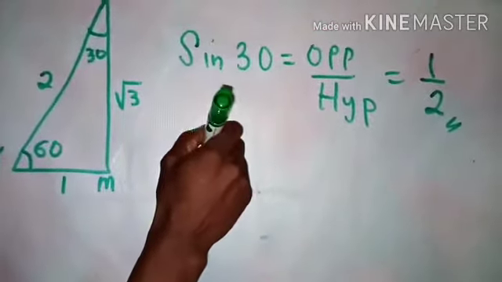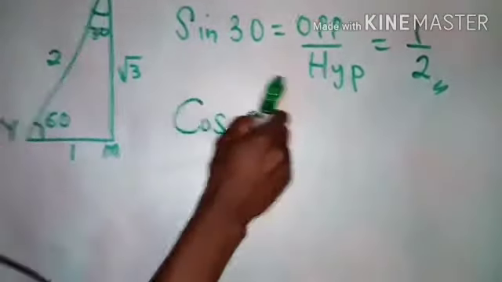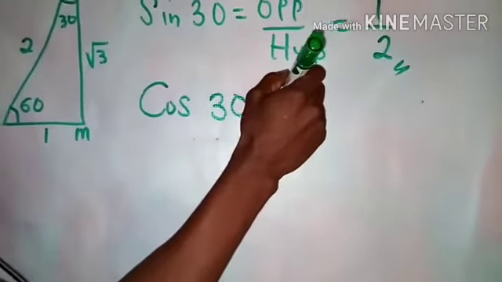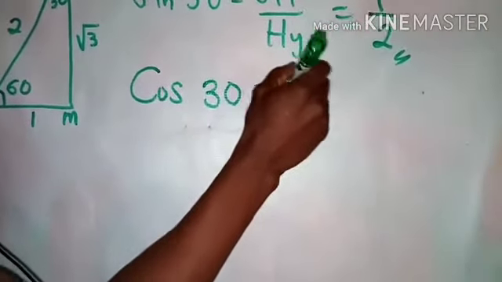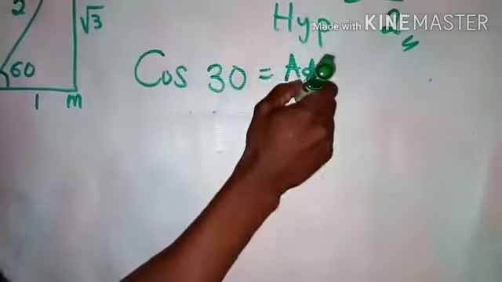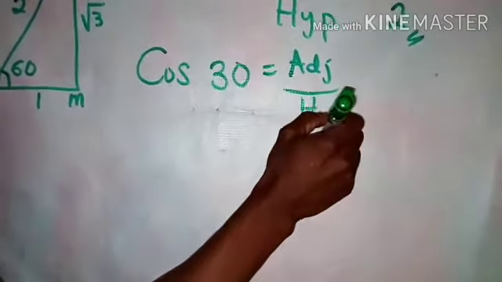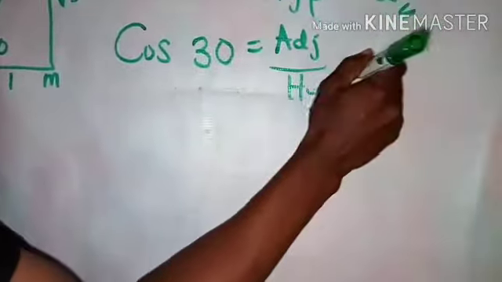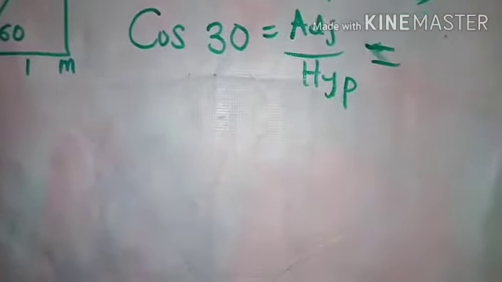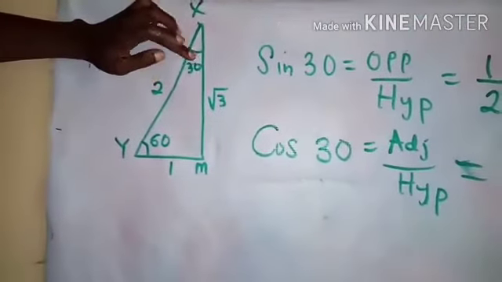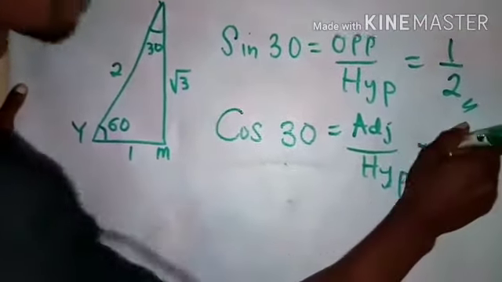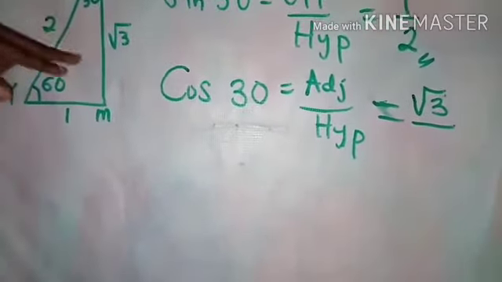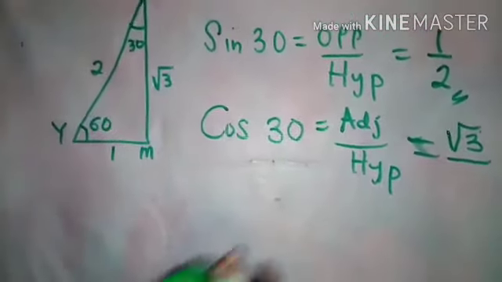Then, getting cos 30, the same as adjacent over hypotenuse from this triangle. Using this 30, the adjacent is √3 and the hypotenuse is 2.